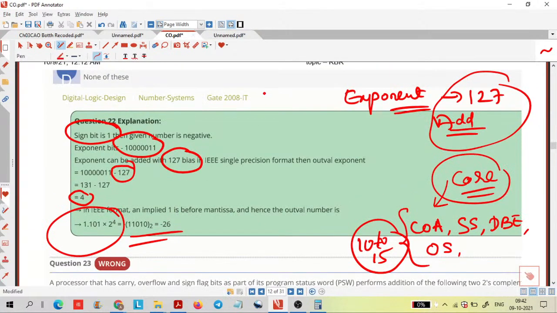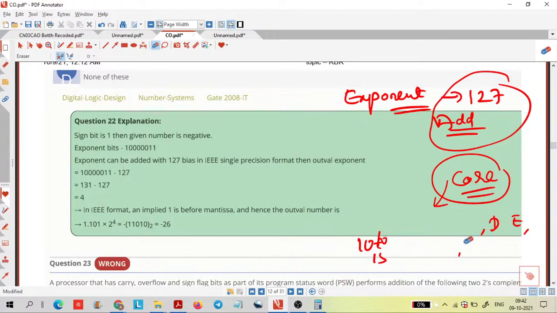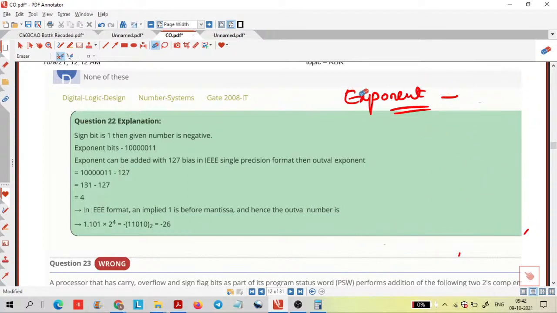For this, such tricky questions will be asked. Normally in the theory class we solve one way, but in GATE they ask in reverse. Most of the questions are like that. In this file I have collected some GATE questions.